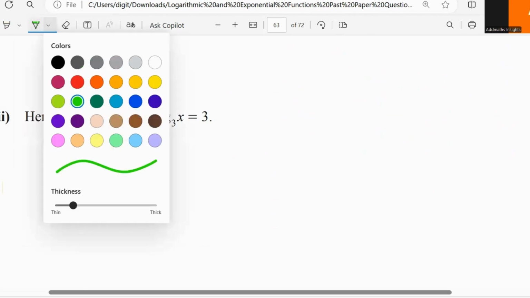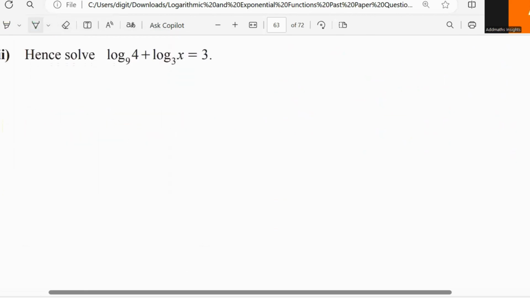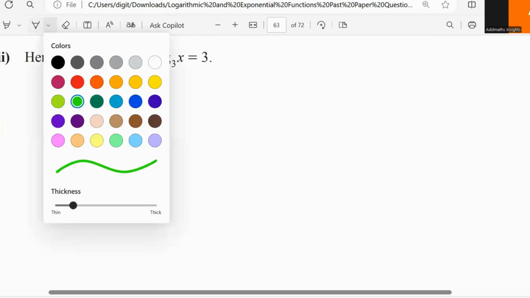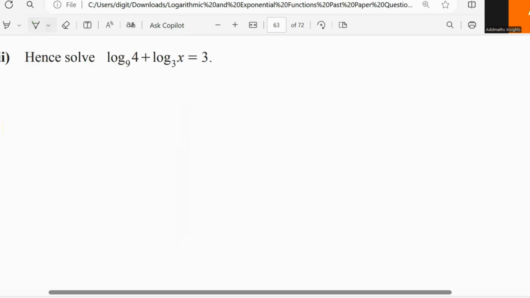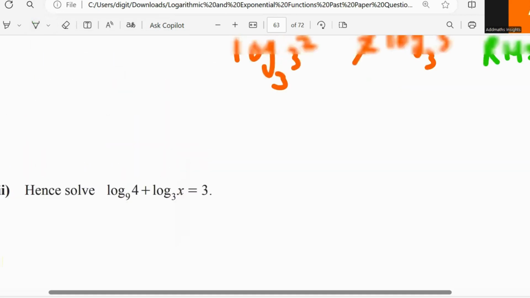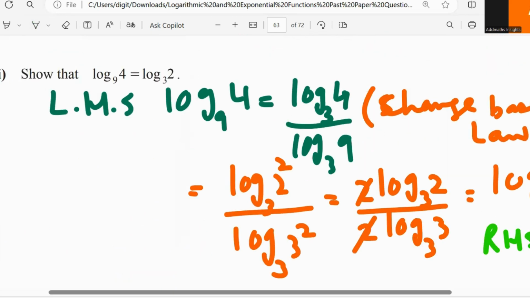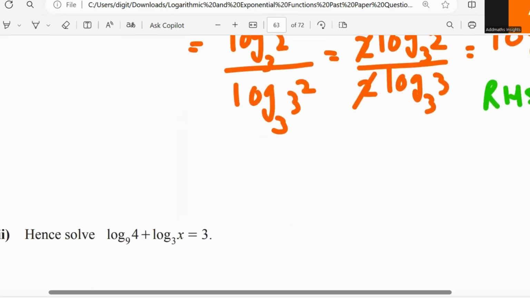The next question is log base 9 of 4 plus log 3 of x equals 3. You can see it's written 'hence', which means you have to use the answer of the part we did in question number 1, part A. So in part A, your answer was log 9 of 4 is equal to log 3 of 2.